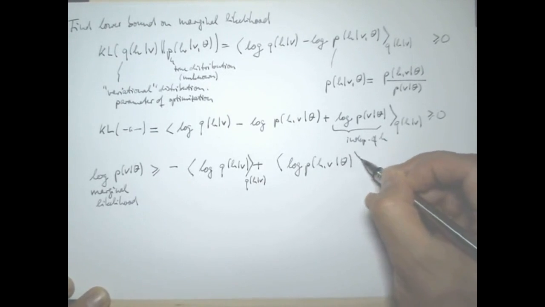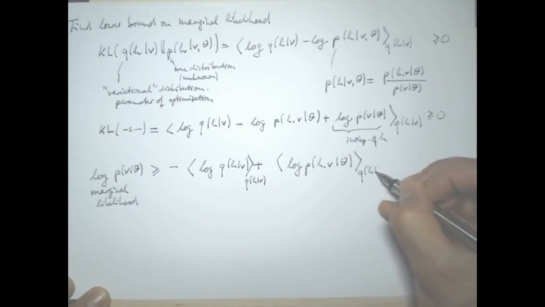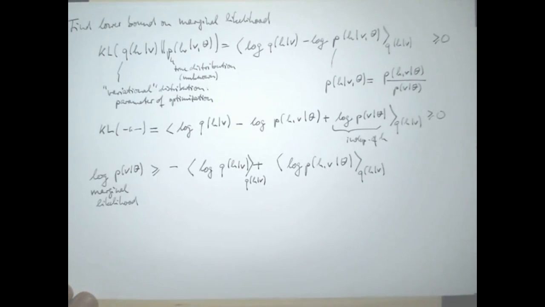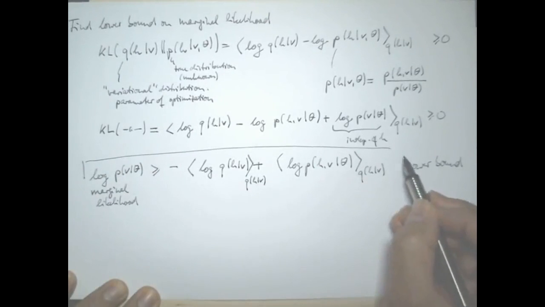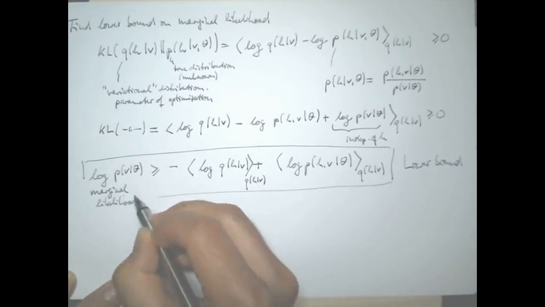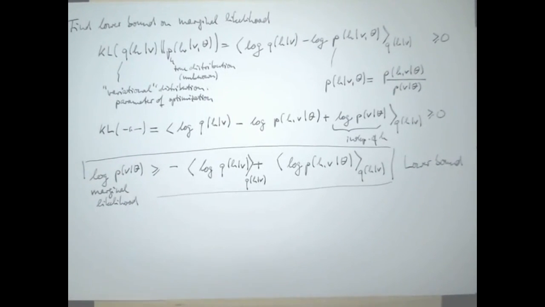Here's our lower bound on the marginal likelihood.